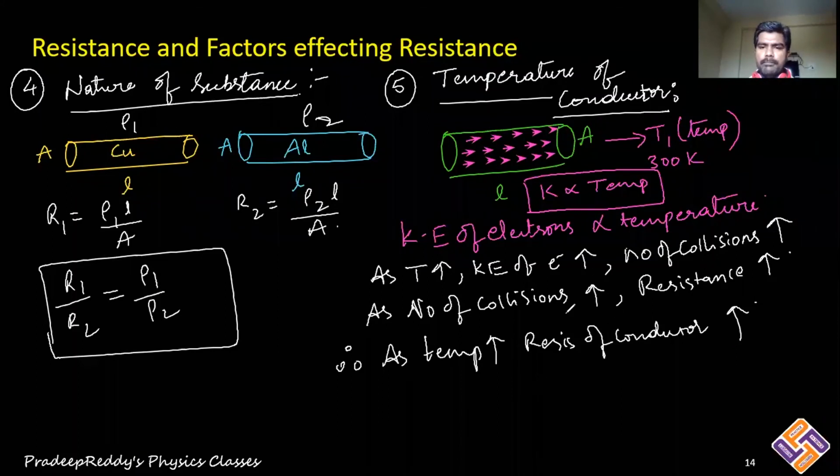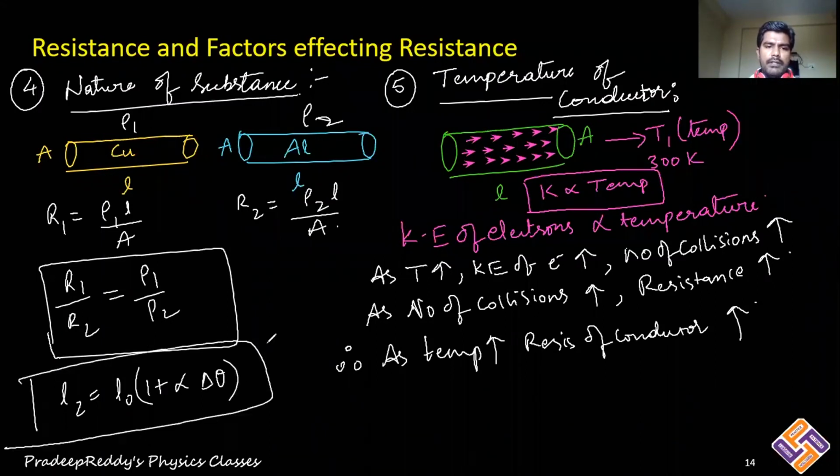Okay, usually in class 11th you will be writing L2 is equal to L naught into 1 plus alpha into delta theta. This is thermal expansion. So in thermal expansion you will be writing this generally.